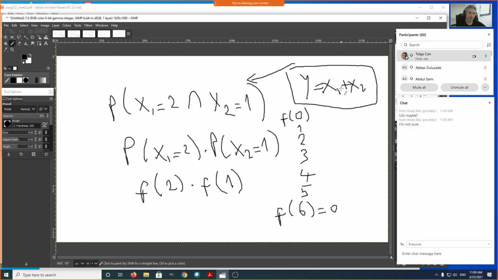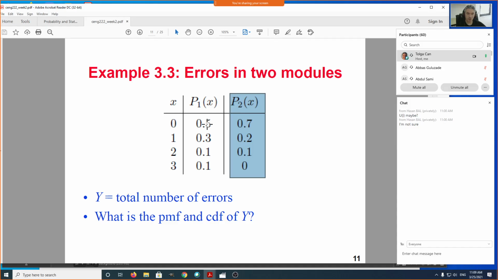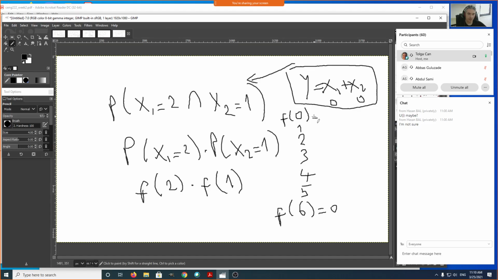The only possible way to obtain 0 with these individual random variables is both being 0, right? So what is the probability that x1 is equal to 0 and x2 is equal to 0? We can simply multiply these two given probabilities, 0.5 and 0.7. So this is going to be 0.35, which I obtained by multiplying the individual probabilities of being 0 in both cases.